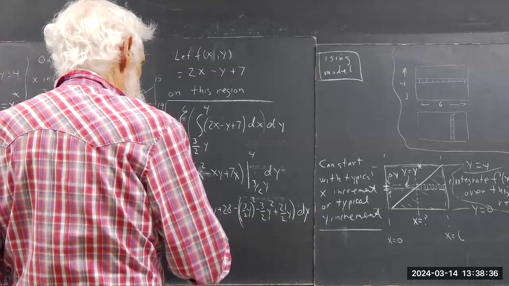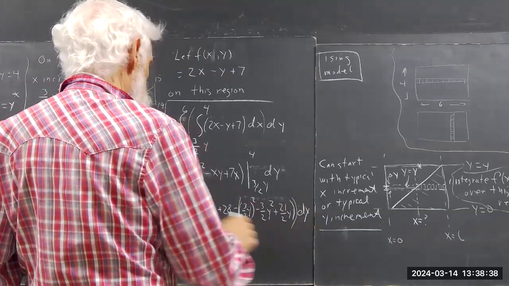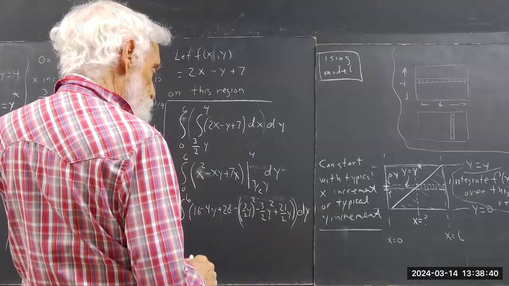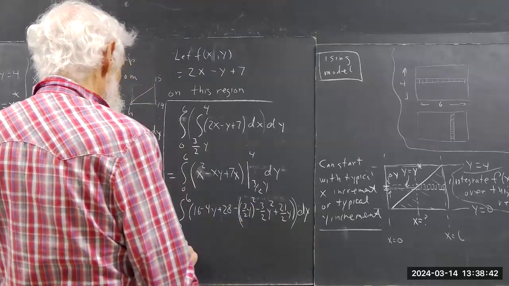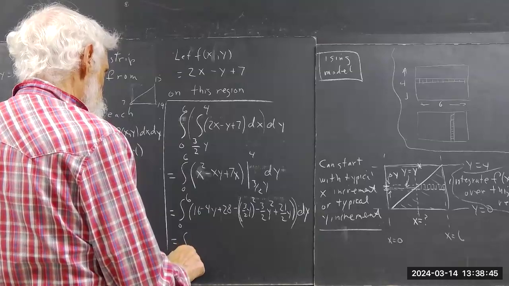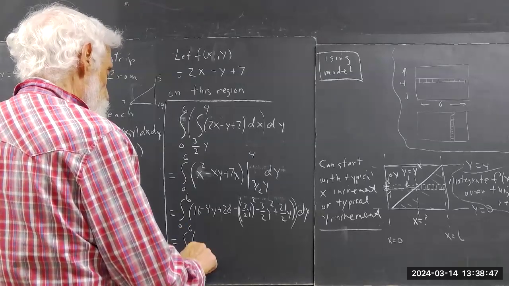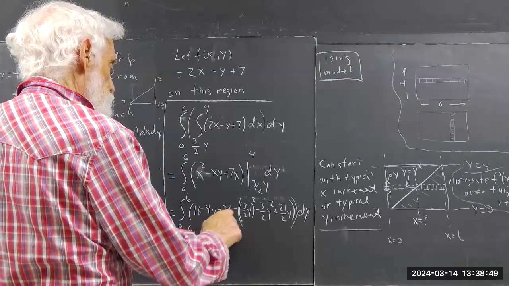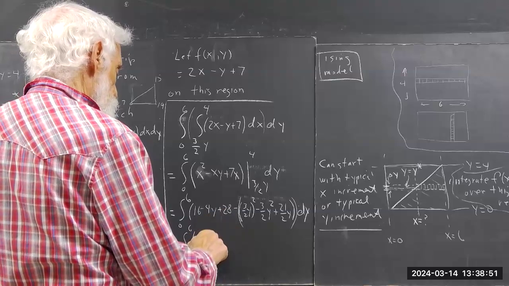And then I think I close this parenthesis. And then be careful, go 0 to 6. 16 and 28 is 44.